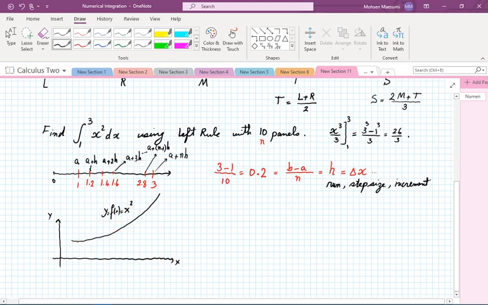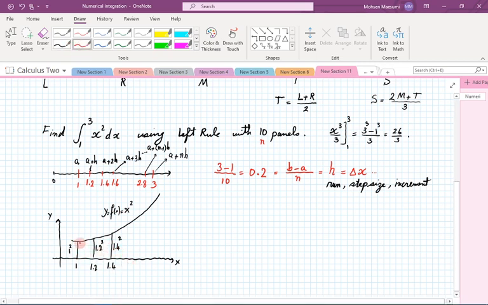I need the height of the parabola. At 1, my height is 1 squared. Let me exaggerate the distance, 1.2. At 1.2, my height is 1.2 squared. At 1.4, my height is 1.4 squared. So whatever numbers I have here, I have to plug into my function and figure out what the heights are going to be for each of these rectangles.